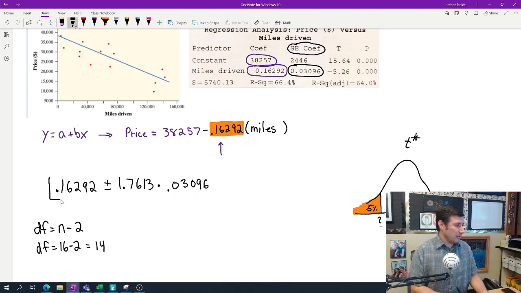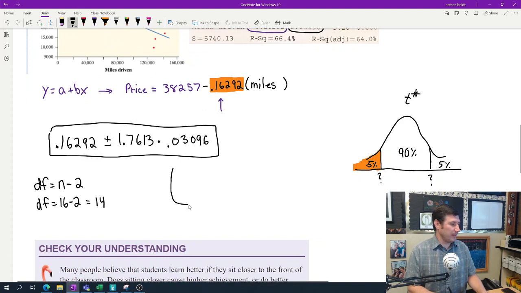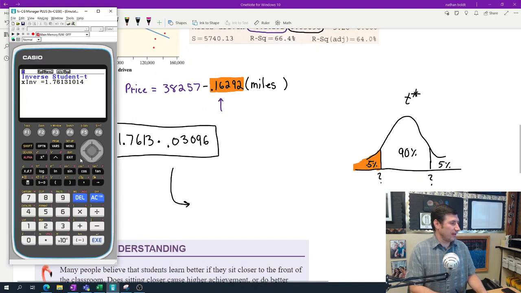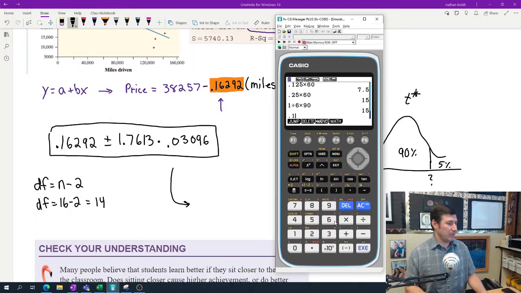So there is our confidence interval. Of course, we can plug this into the calculator, right, to actually find the interval if we want it. Let's do that. So menu, home. So 0.16292 plus 1.7613 times 0.03096.